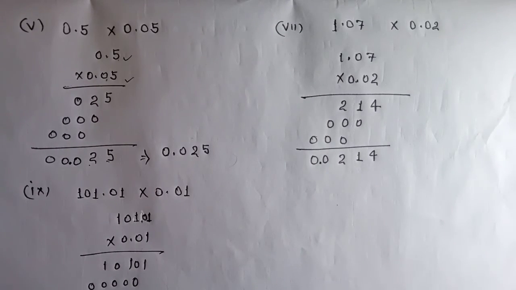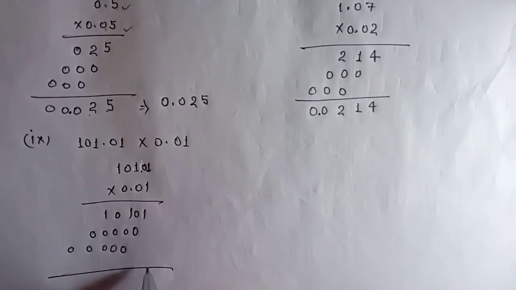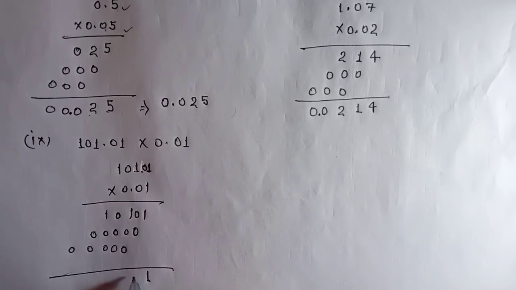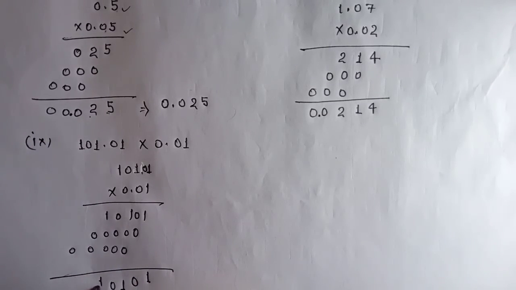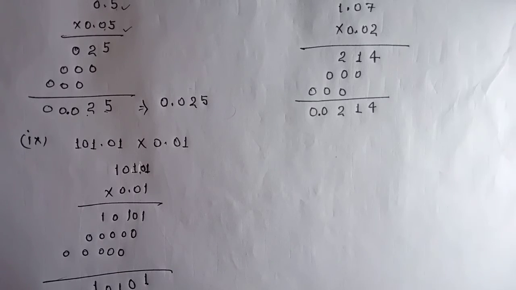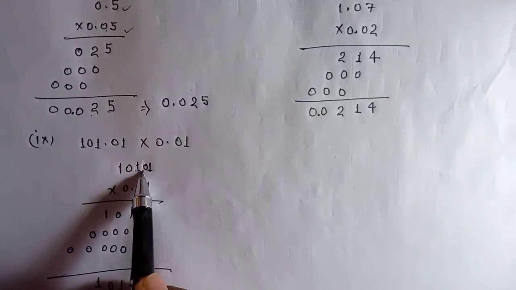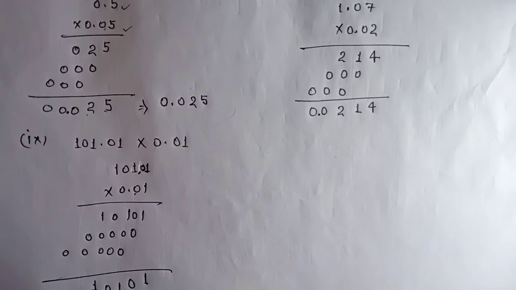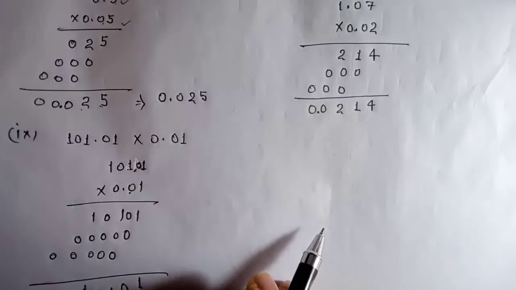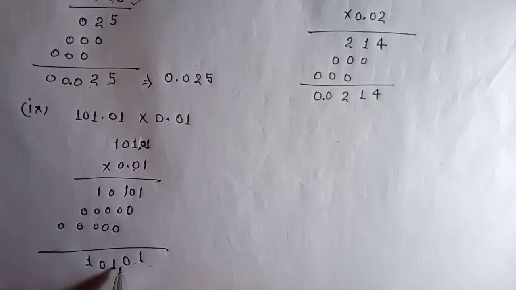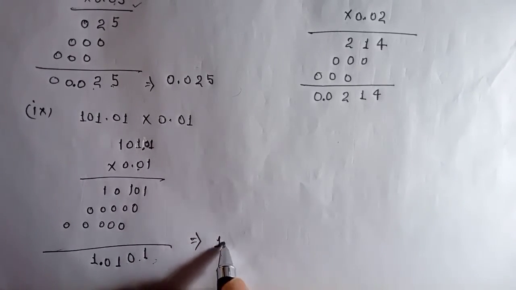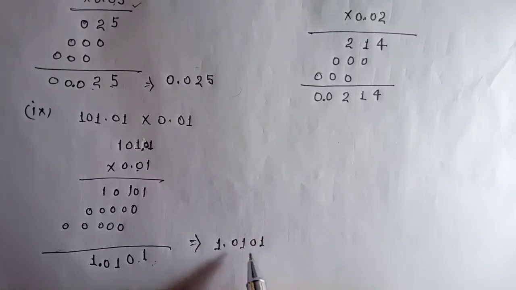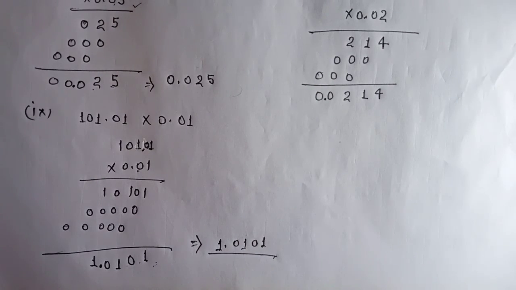Add all these numbers, you will get, see, 1 is here, 0 is here, 1 is here, 0 is here, again 1 is here. Now you can count, there are 4 digits after decimal point. There is a decimal point, 1 0 and 1. So 1 2 3 4, there are 4 digits after decimal point. So start your counting here, 1 2 3 and 4. Place your decimal sign here. This is your answer. So your answer is 1.0101. This is your answer. Take the screenshot.